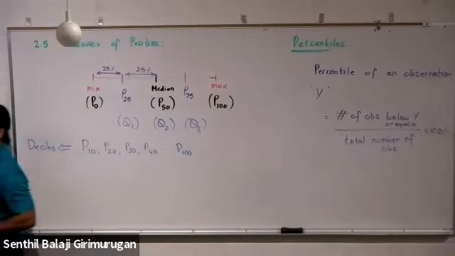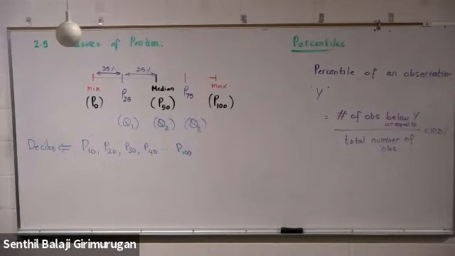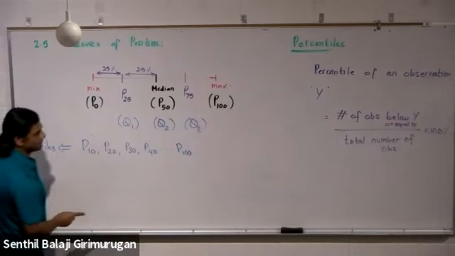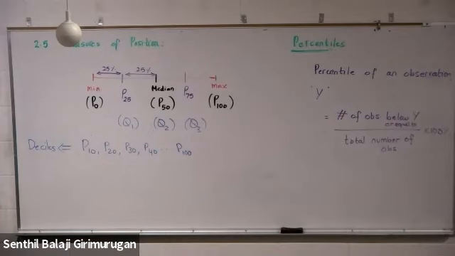So you count the number of observations that are below or equal to y, divide by the total number of observations, and multiply by 100 to get it as a percent.